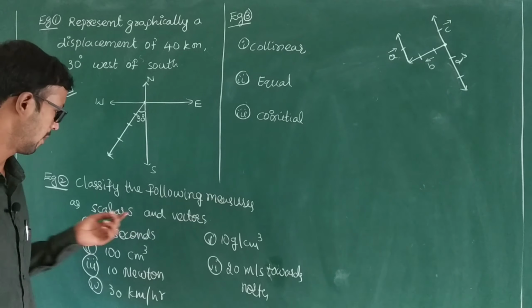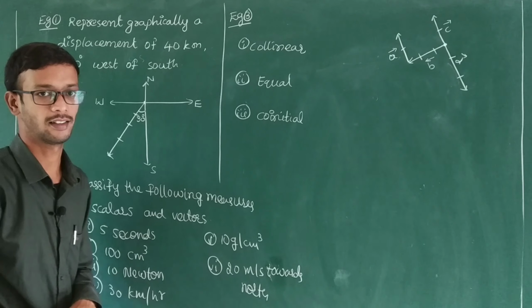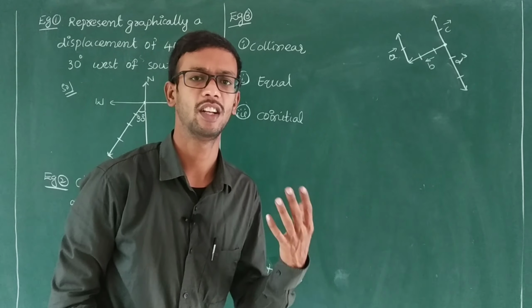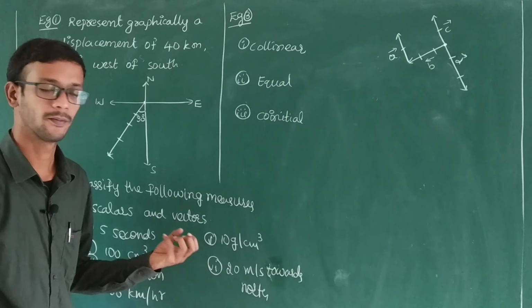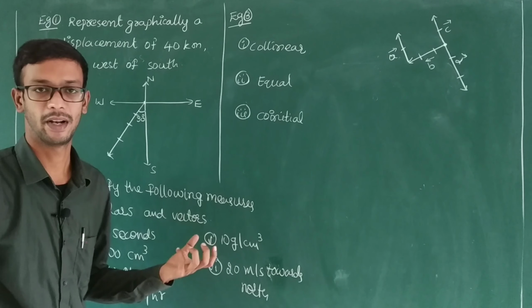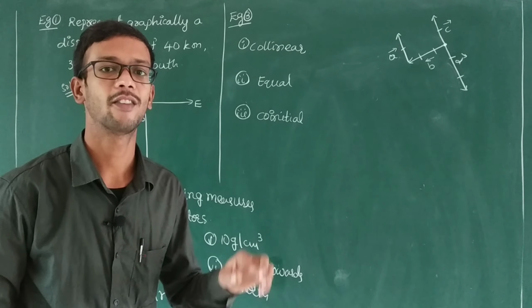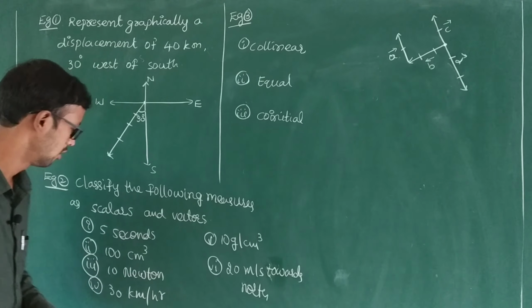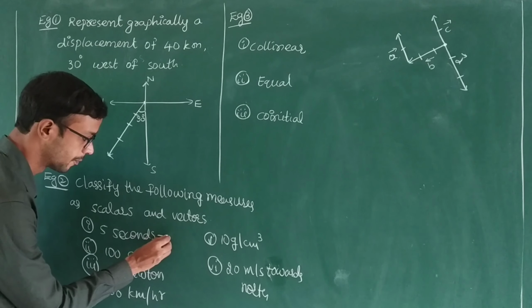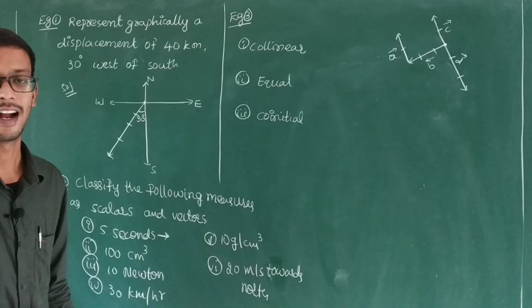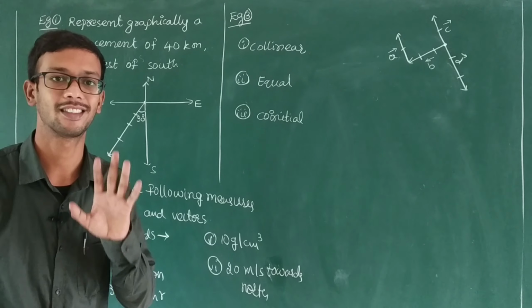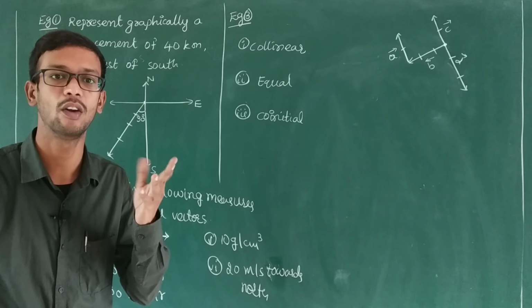Next, second question, example 2. Classify the following measures as scalars or vectors. They are giving 6 measurements. We have to find which is a scalar and which is a vector. 5 seconds is a time. Time has only magnitude.